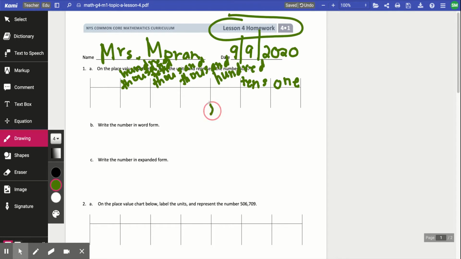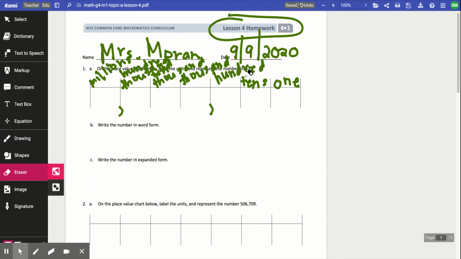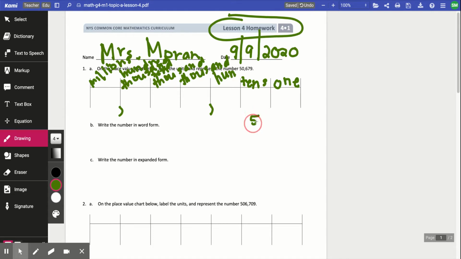So we have 1, 2, 3, comma, 1, 2, 3, comma, and way over here, we have millions. So I did the first part that said to label, and then we had to represent a number, and I wrote over it. So I'm going to erase it. And then write it down here to take a note. There we go.